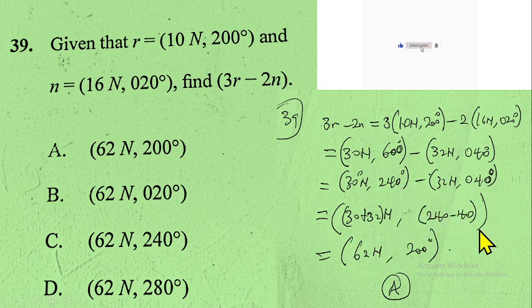Then you subtract the angles: 240 minus 40 gives us 200. The reason is that they cannot have a negative force, so that's why you add the forces together, then subtract the angles. That gives us 62 Newton, 200 degrees, and option A is the correct option for question number 39.